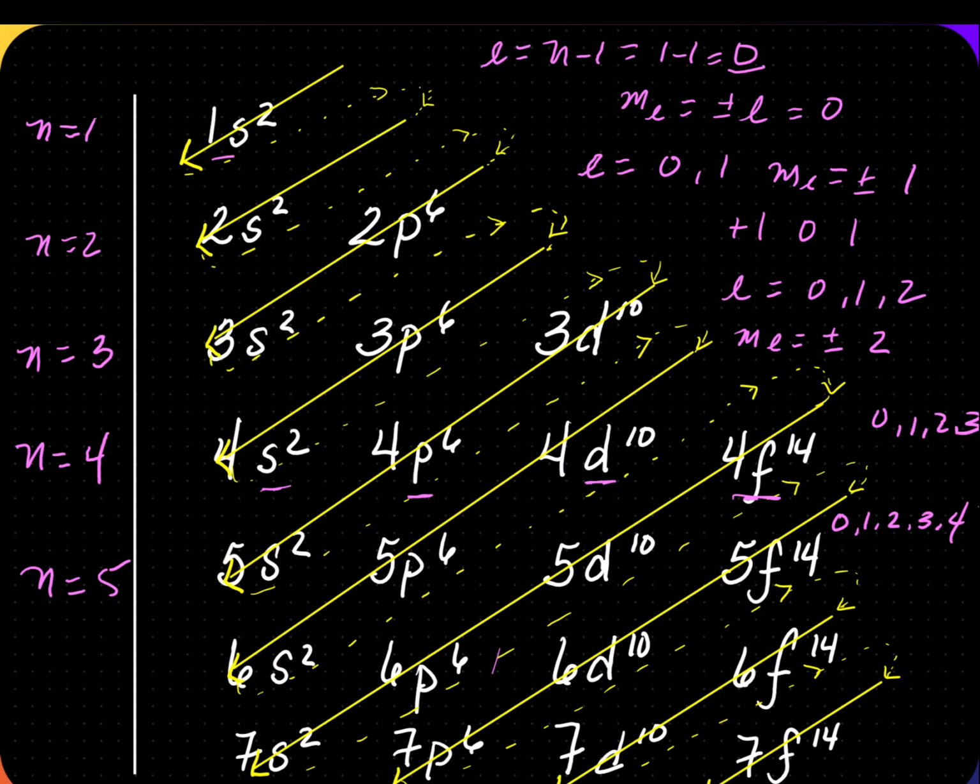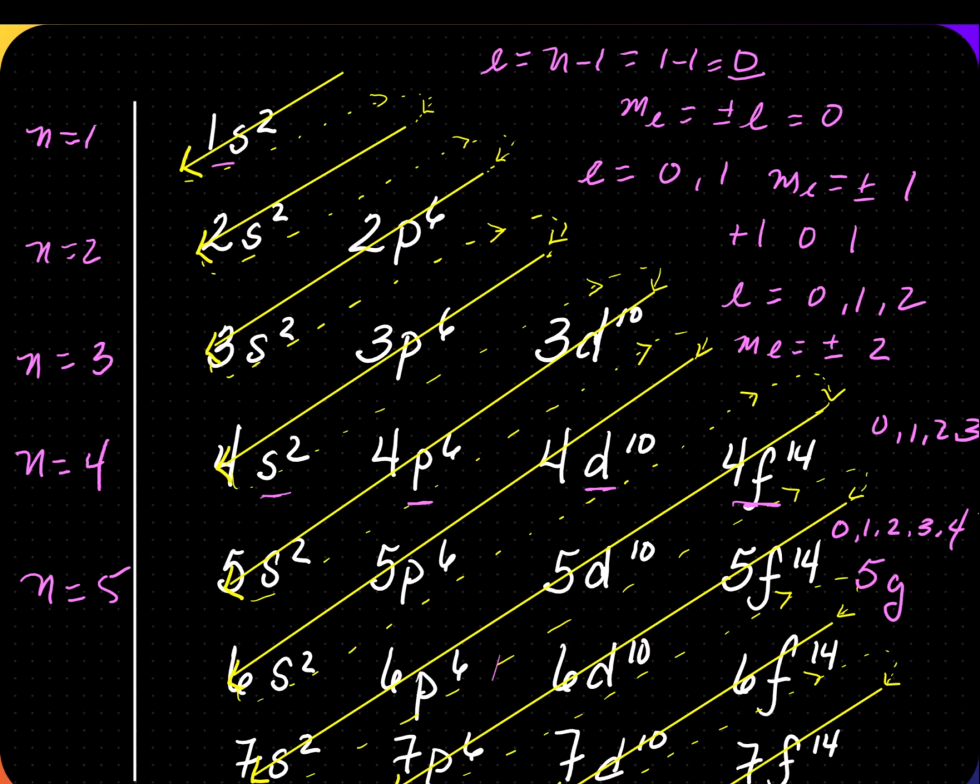And remember, in order to have the subshell 4, we must have a 3, a 2, a 1, and a 0. 0 has the shape of an S, 1 has the shape of a P, 2 has the shape of a D, 3 has the shape of an F, 4 has the shape of a G, so this is 5g. To find the orbitals, we do mL, which is plus or minus 4.